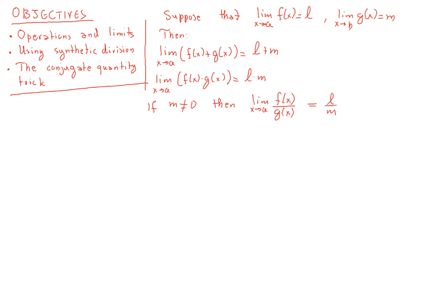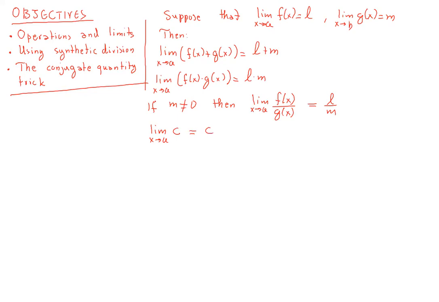Okay, so these are properties that we saw for the case of sequences, and they're true for functions. And we should also note a couple more things that are true here. So first of all, if you take the limit of the constant function, call it c, then that limit is simply going to be c.